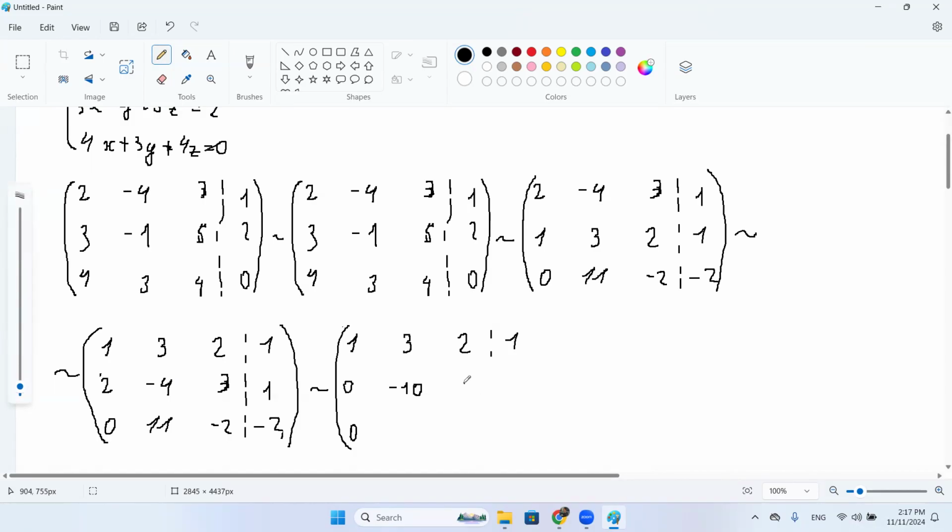Then 4 minus 4, 3 minus 4 is minus 1. And 1 minus 2 is minus 1. And this part is without changes for now.